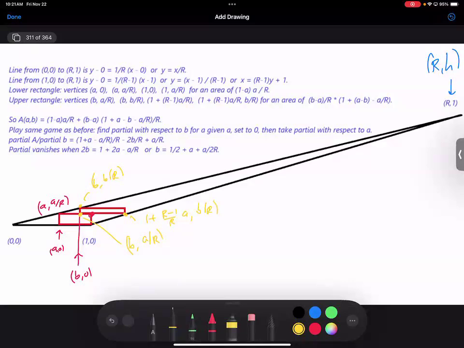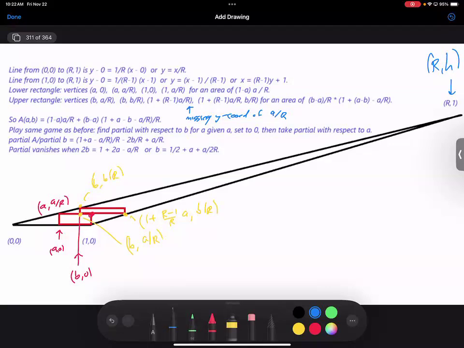B over r. And then there should have been over here, yeah, I'm missing the y-coordinate. And the y-coordinate there is just a over r. I just forgot to include it. I included it for the other one.